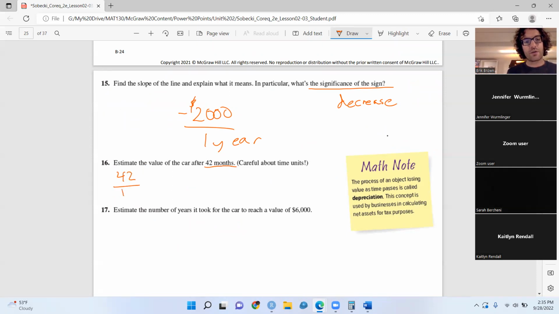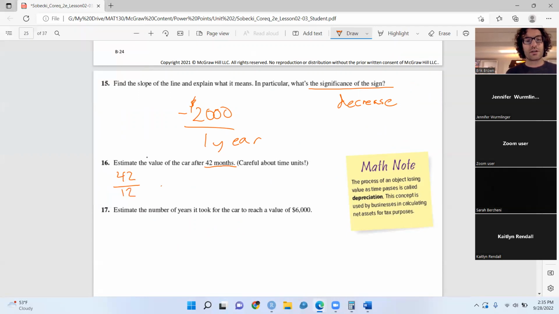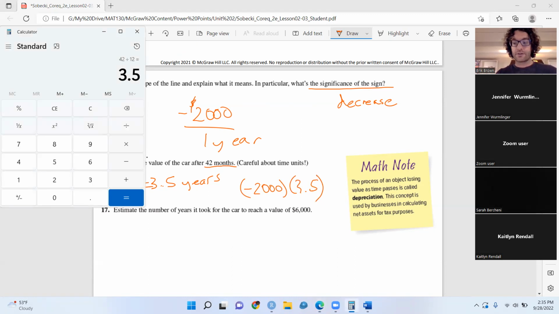So if I divide 42 by 12, I will get the number of years. It's 3.5 years. So I don't need to estimate it. I know exactly what it will be. I just take the negative 2,000, multiply by 3.5, and I'm there. That's the exact answer.